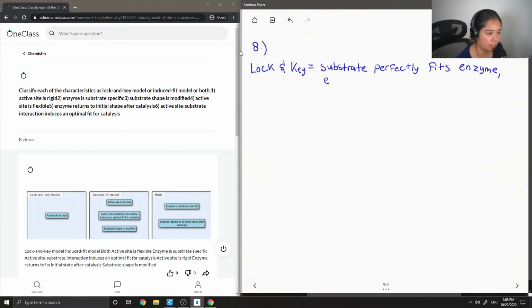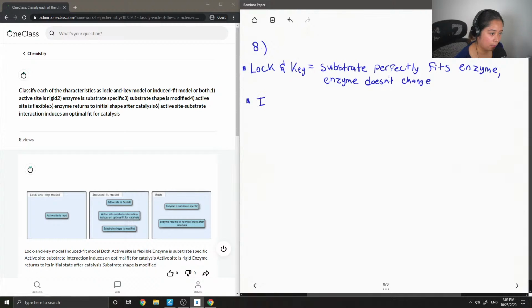And your enzyme doesn't change. So that makes sense, because that's how a lock and key works.